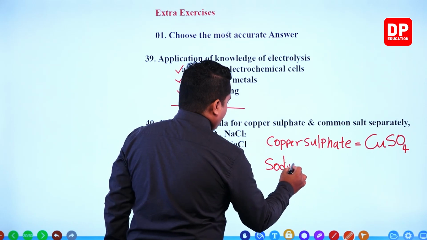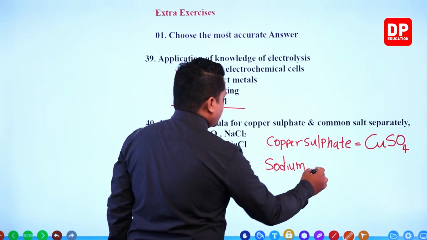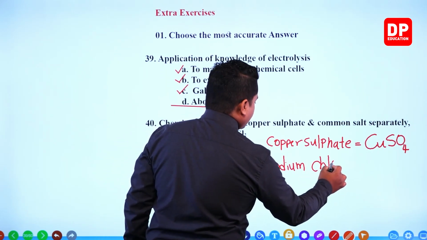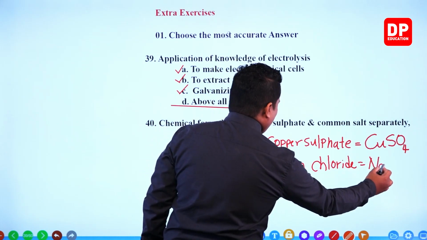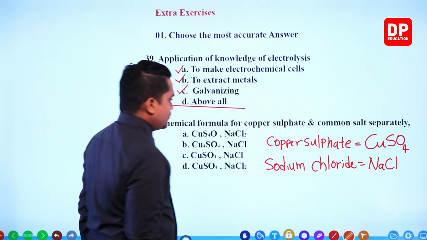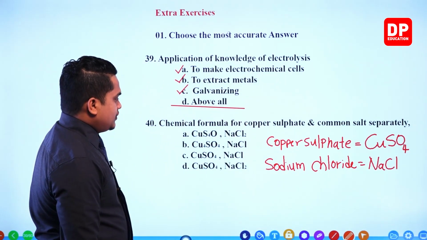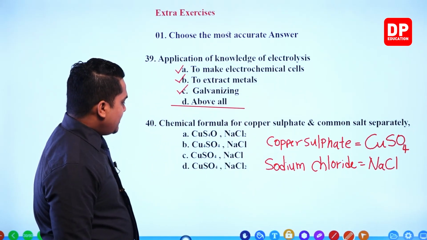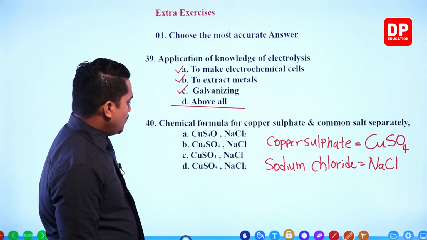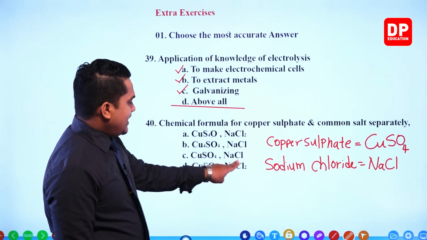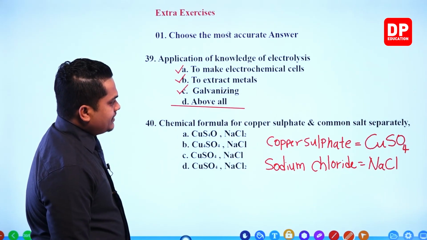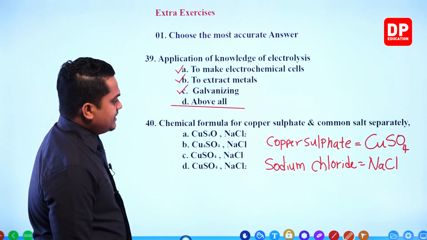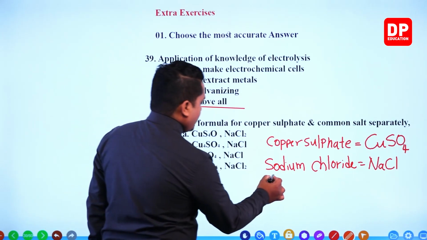These things are very important, my dear children. Sodium chloride, NaCl. So copper sulfate is CuSO4 and sodium chloride is NaCl. Chemical formula for copper sulfate and common salt. Common salt is sodium chloride.